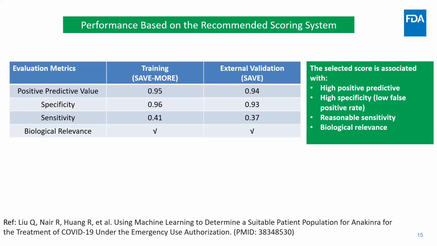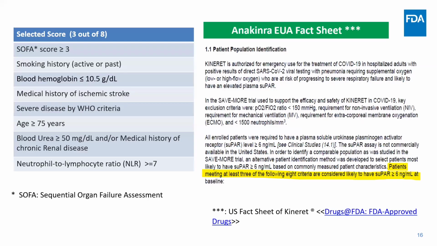I think in the next slide, you will see some other consideration in the screen rule. So this is the screen rule we have, and you can see the highlighted part. Patients who meet at least 3 of the following 8 criteria are considered likely to have the super score greater or equal to 6 at baseline.